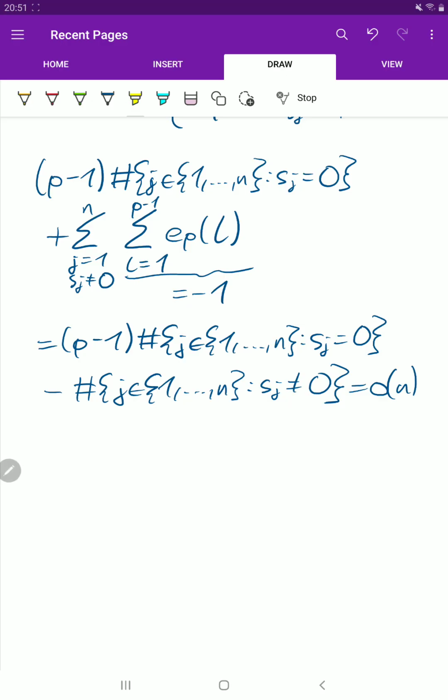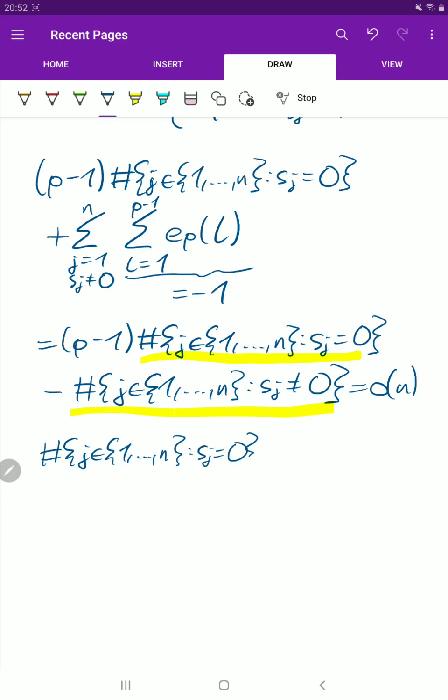So let's compare these two things. The cardinality of j in 1 up to n where Sj is 0, plus the cardinality of j from 1 to n where Sj is non-zero, sums of course to n, because this is everything.